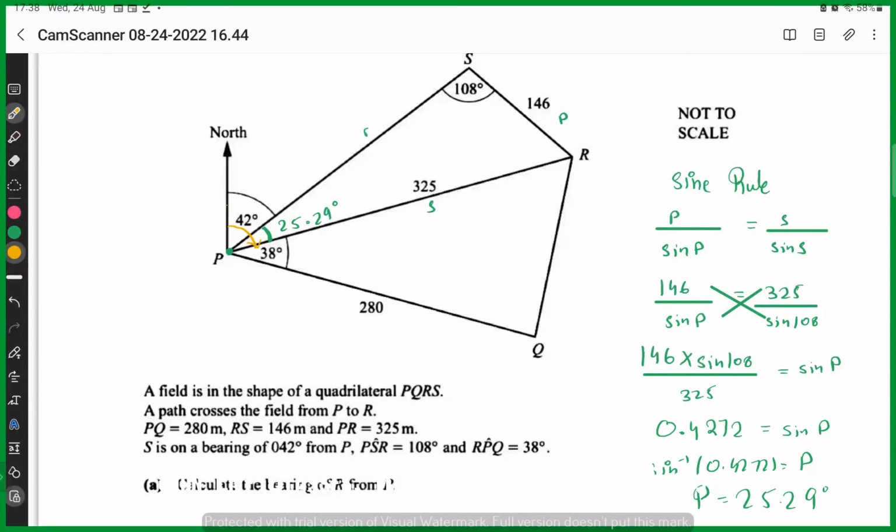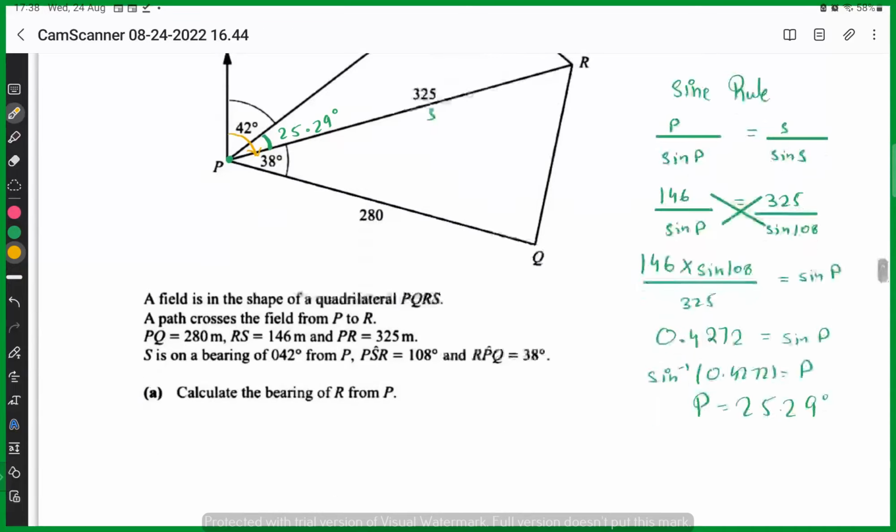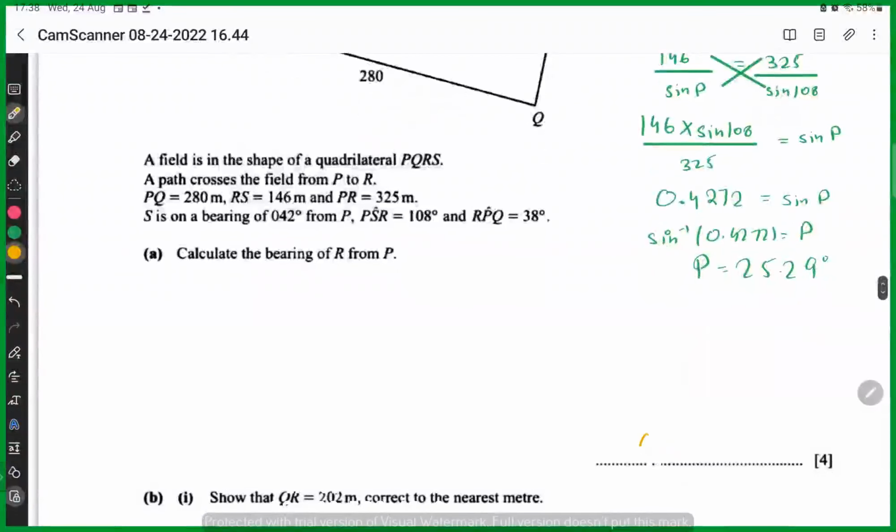Yes, that is the correct answer. So the answer is 67.3 degrees. Now this is your choice. You can write down the degree part. I would say for angles, we should write it down like this. Very good, Bipesh. That is correct. Excellent.